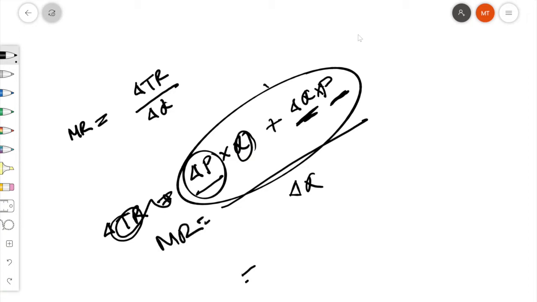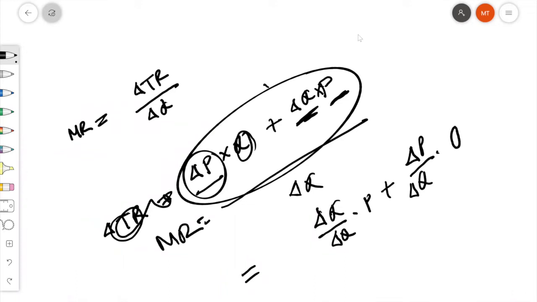So marginal revenue is equal to changes in Q divided by changes in Q into price plus changes in P divided by changes in Q into Q. So this is one.